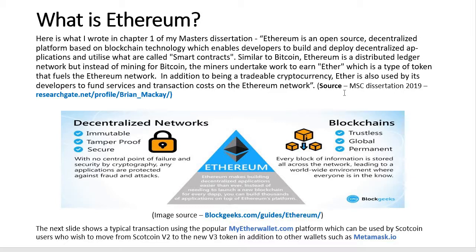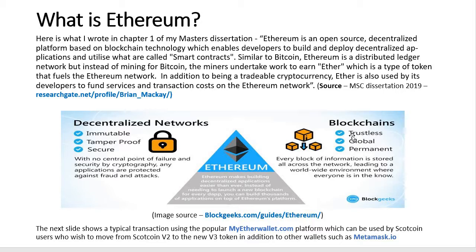Similar to Bitcoin, Ethereum is a distributed ledger network, but instead of mining for Bitcoin, the miners undertake work to earn Ether, which is a type of token that fuels the Ethereum network. Now, in addition to it being a tradable cryptocurrency, Ether is also used by its developers to fund services and transaction costs. As you can see on the diagram here, it's immutable, tamper-proof and secure.